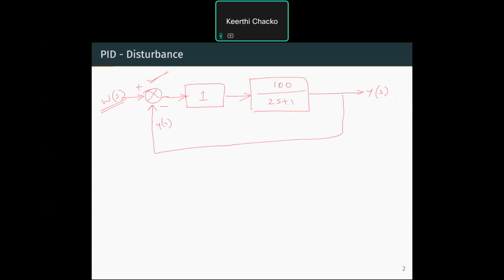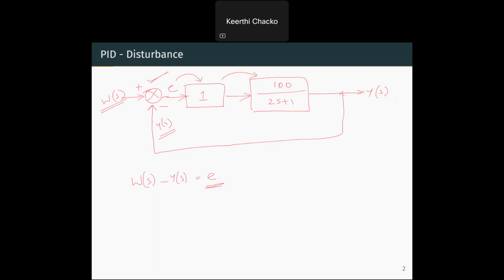So the output is fed back from here, and the difference between W(s) and Y(s), that is the error. So this error is getting multiplied with the proportional controller. Here the proportional gain is 1. So that is used to control the process.